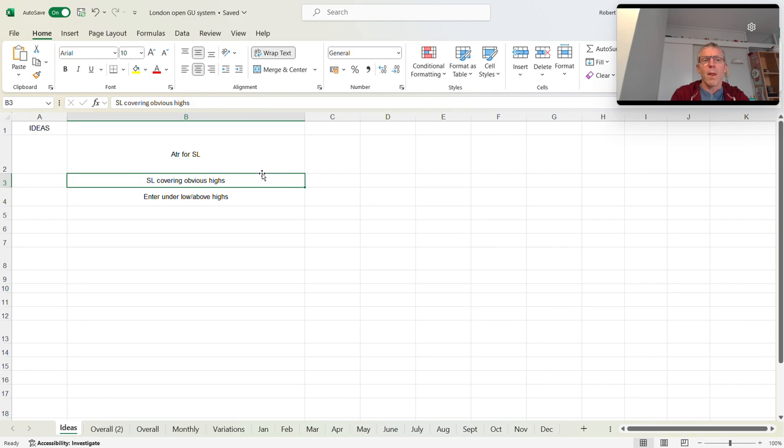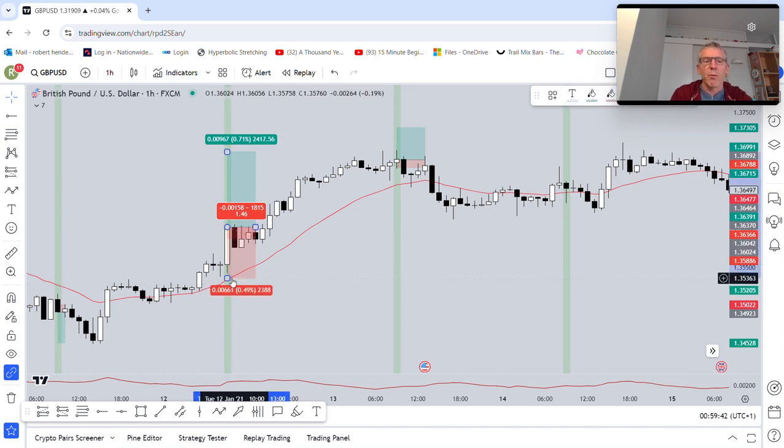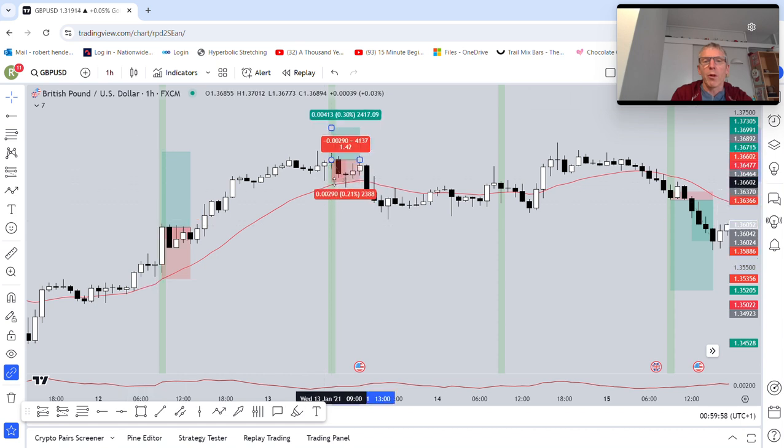You can move your stop loss to covering highs and lows. So in this case, I'd potentially say it's a big candle, so you might want to just cover the low of that. You might want to cover this low here because we've had a slight pullback, then it's gone up, so you might want to cover the low. Here, for example, this would be a losing trade anyway, but you might potentially just want to cover this obvious low.